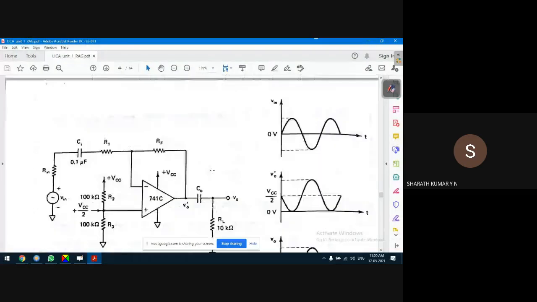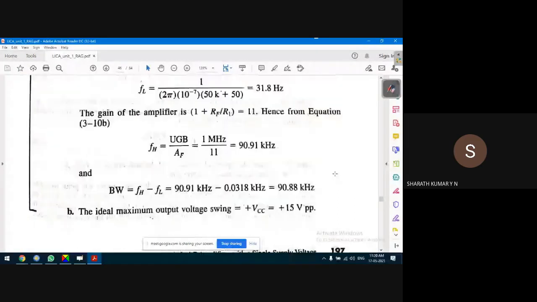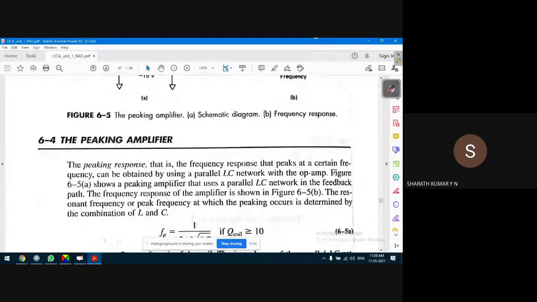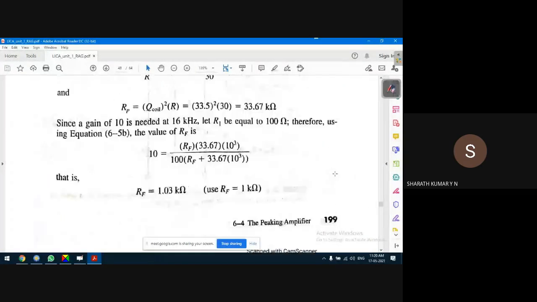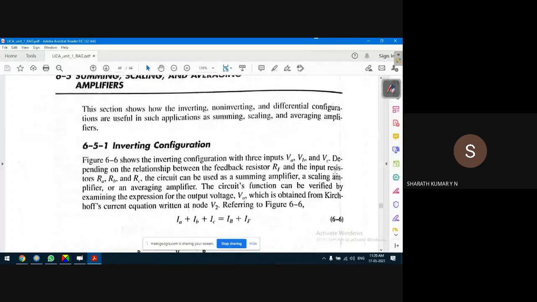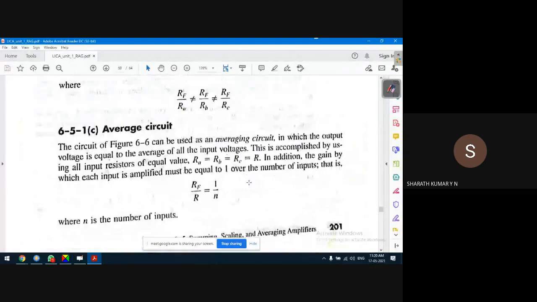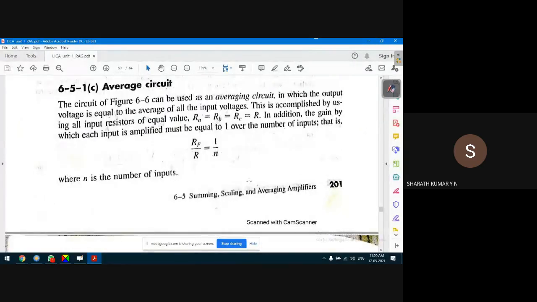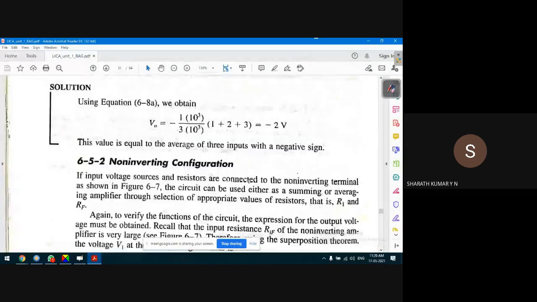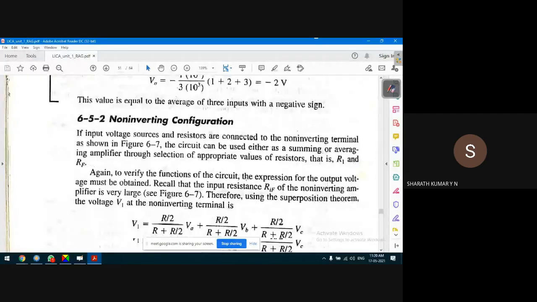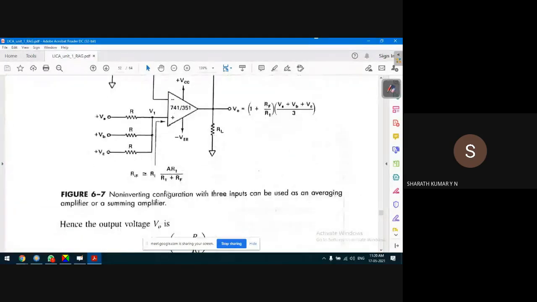Dual polarity supply and the peaking amplifier we discussed, and summing amplifier, scaling, and averaging amplifier. So all these are inverting. We discussed for both the inverting amplifier as well as non-inverting configuration.